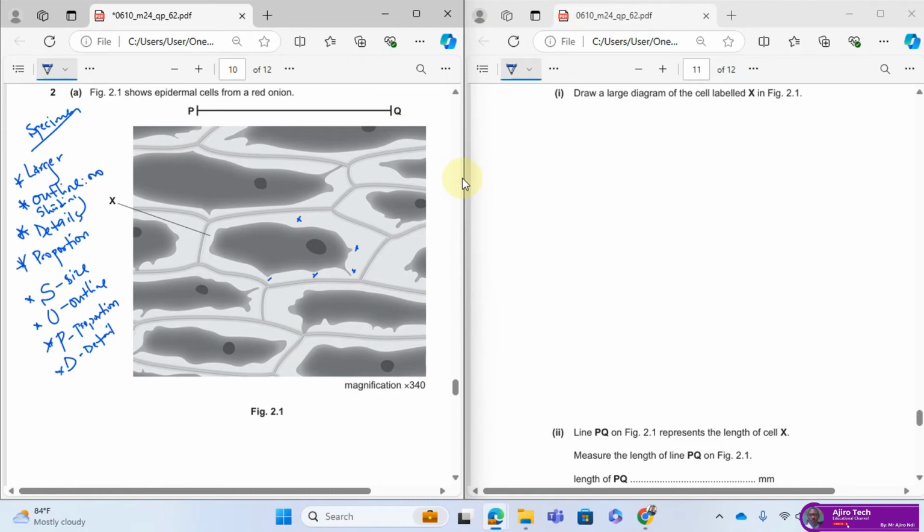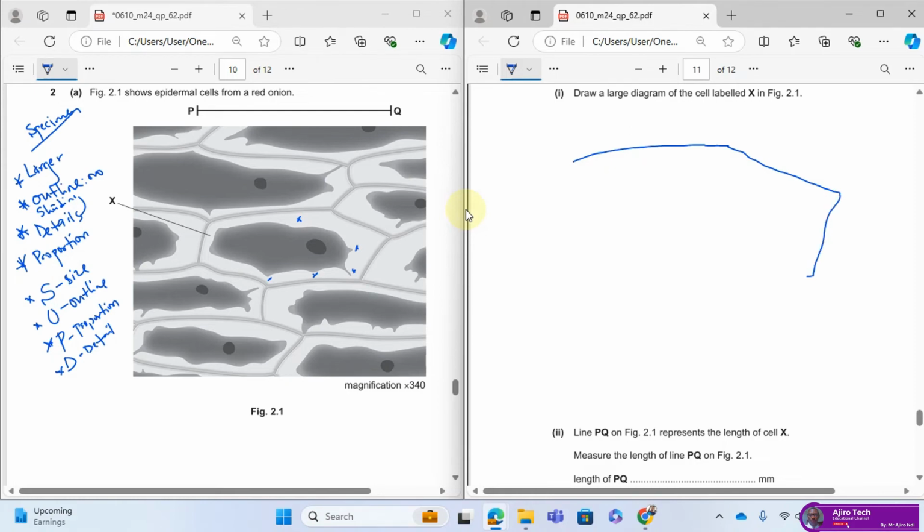Now I've copied the screen and moved it to another tab so we can have a clear picture of what we are drawing. Your diagram should be bigger, and use a clear continuous line. So that's what we have as our diagram.